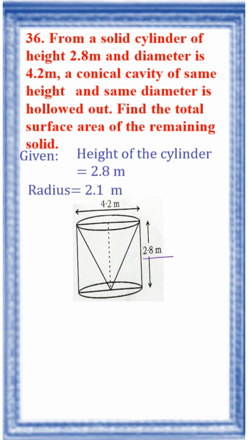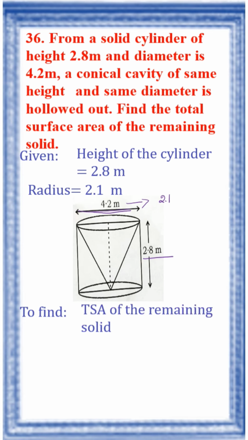Radius 2.1. Why? It is given that diameter is 4.2 meter. Means radius is 2.1 meter. To find out TSA of the remaining solid.